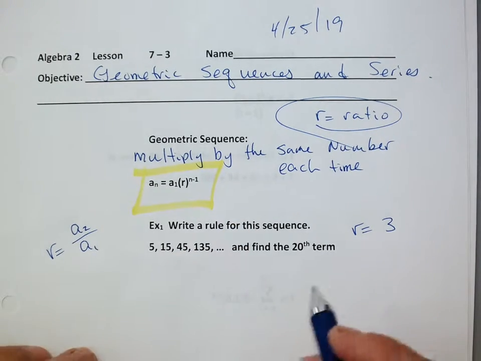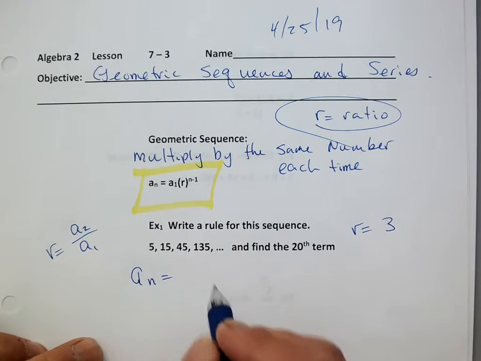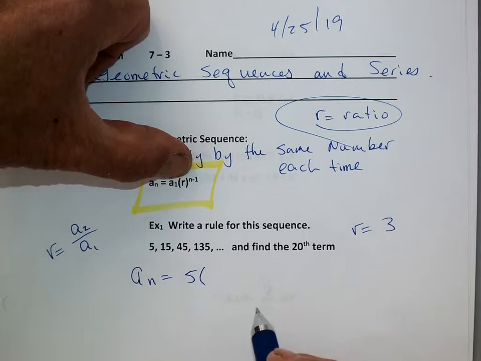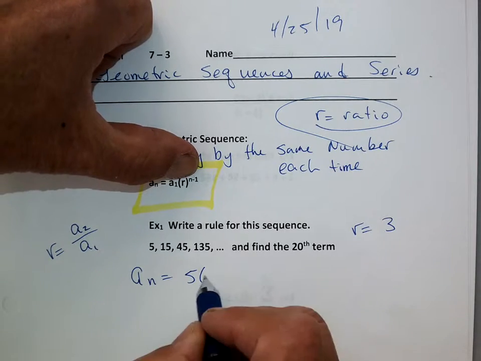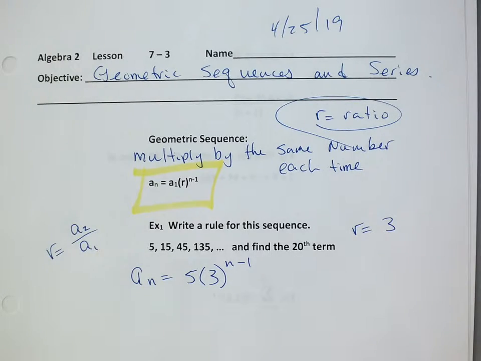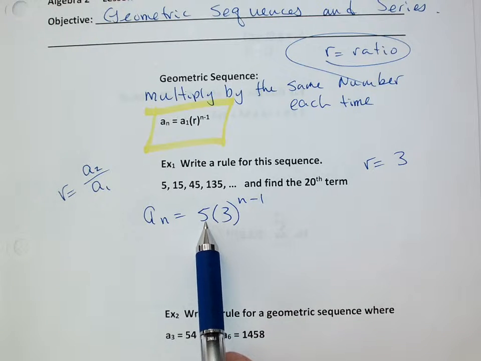So let's go ahead and make a rule. I'm going to go A of n equals A1, which is 5, times my R, which is my multiplier, which is 3, to the n minus 1 power, okay? Now, how many ways can I say this? Do not multiply 5 times 3.